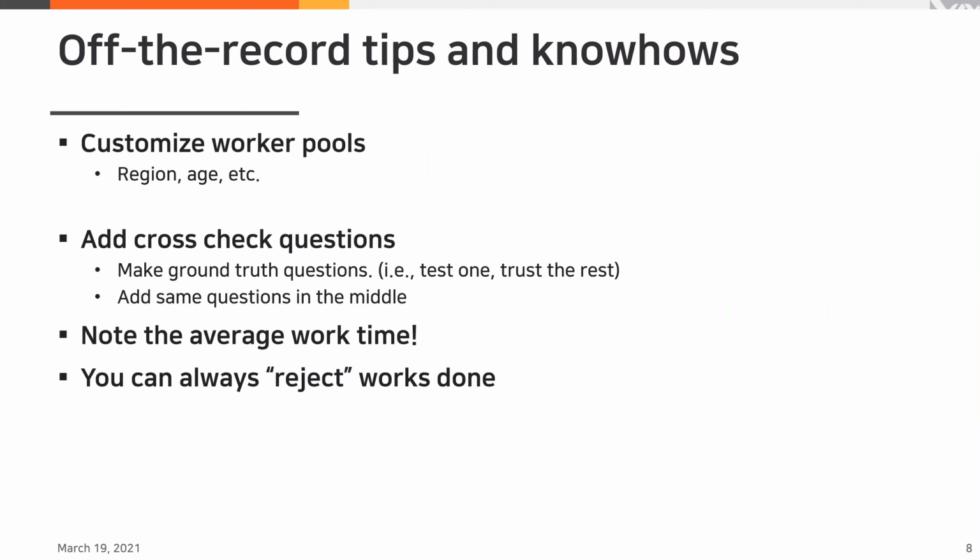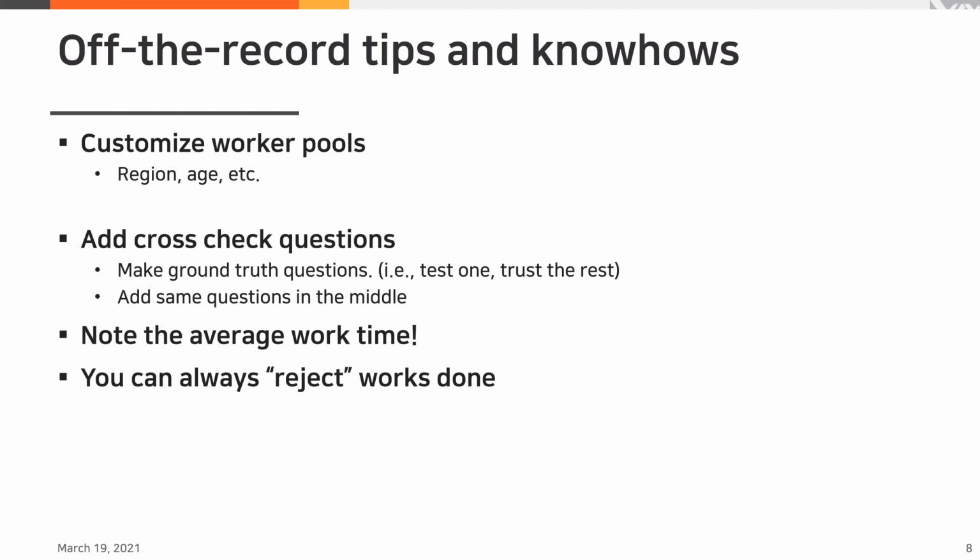So here are some tips on sorting out the liars from the task. You can make ground truth questions, in other words, test one and trust the rest. So make ground truth questions in the middle.